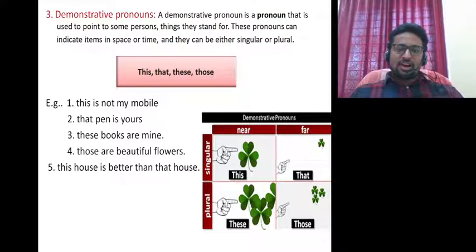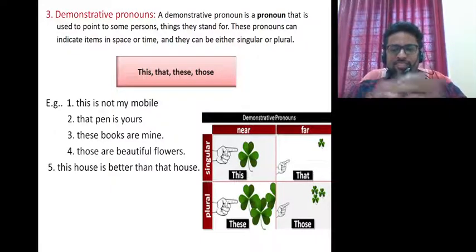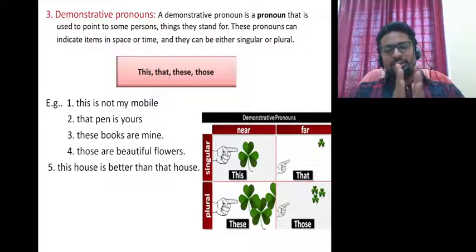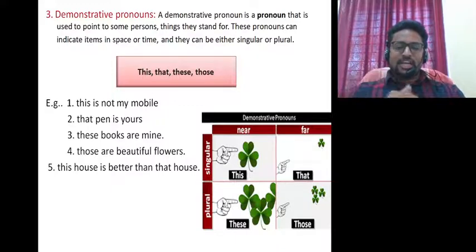For near objects we have to use this. For plural near, we use these: these are leaves, these are flowers, these are chairs. This becomes singular, these becomes plural.